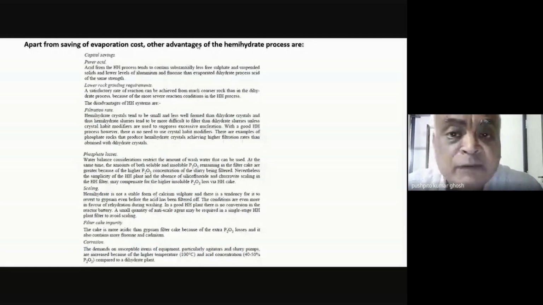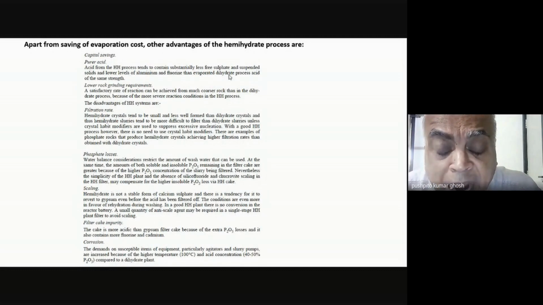And what they have also found is that the sulfate content, the free sulfate, will be less, because sometimes all your sulfuric acid is not necessarily reacting with your rock phosphate and forming gypsum. You may have taken a stoichiometric amount, but some amount may remain unreacted, and that will show up as free sulfate in your phosphoric acid.